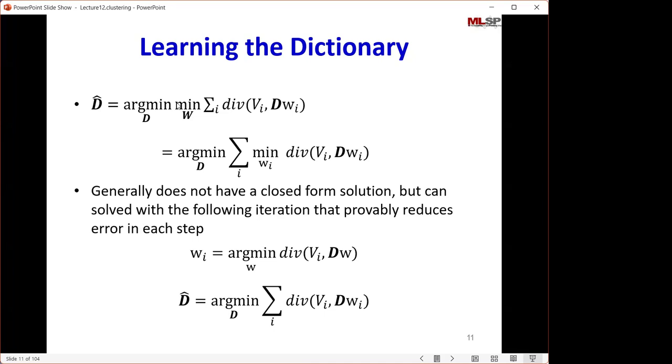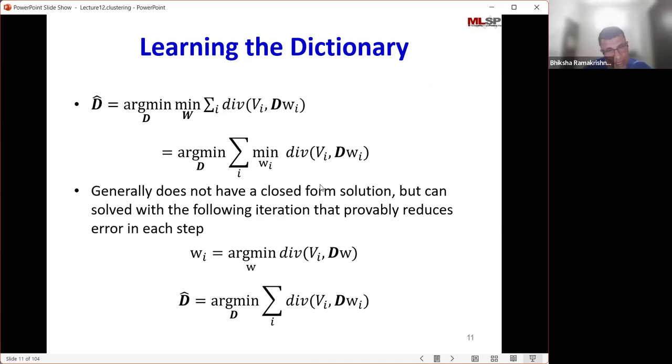By writing it in this manner, the min moved inside the summation. What this means is that this allows me to do something interesting, because I'm minimizing both the Ds and the Ws, this is a non-convex problem because I'm selecting individual dictionary entries. Nonetheless, I can give you an iterative solution that is guaranteed to decrease the overall error at each step.